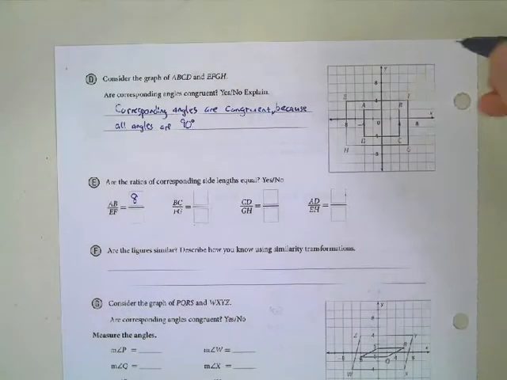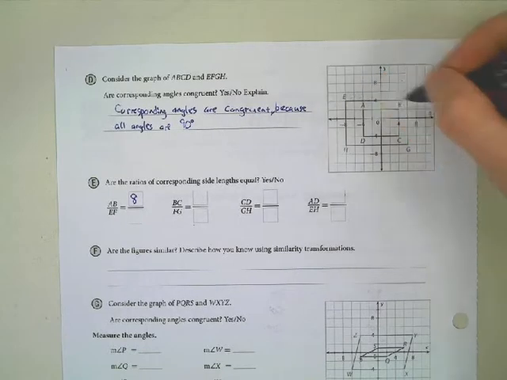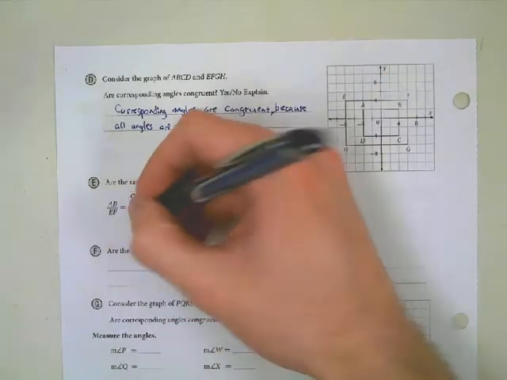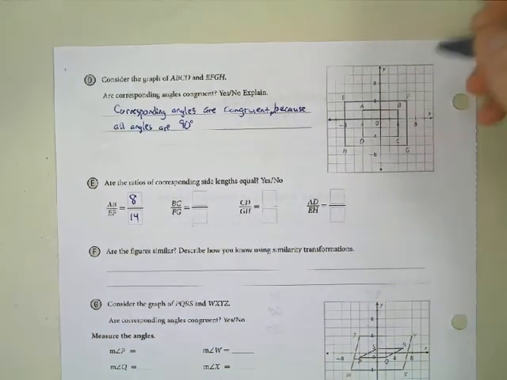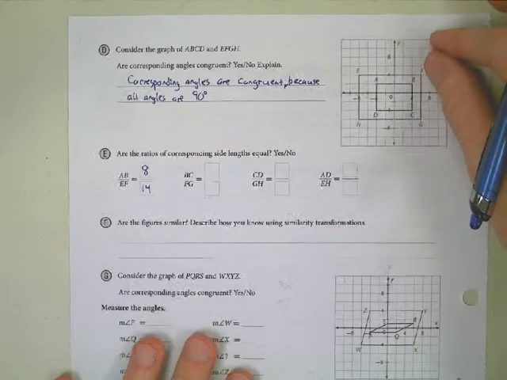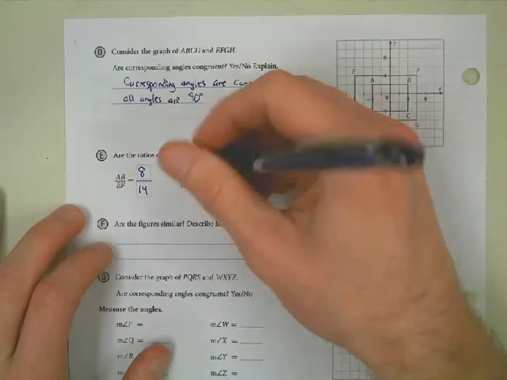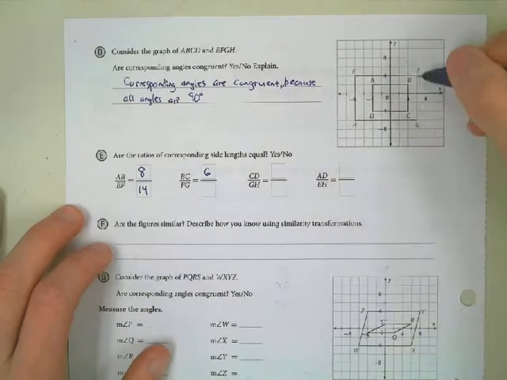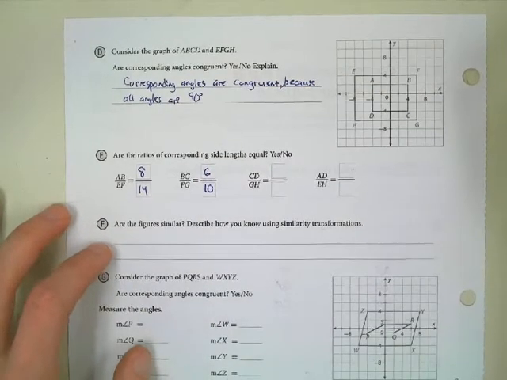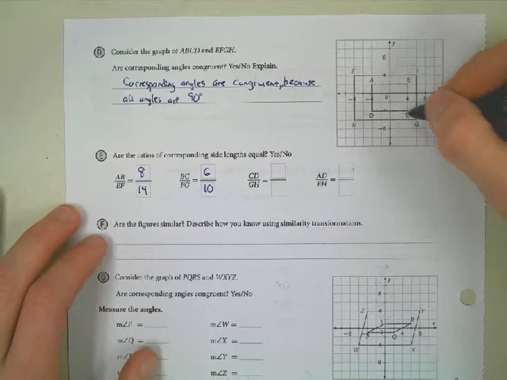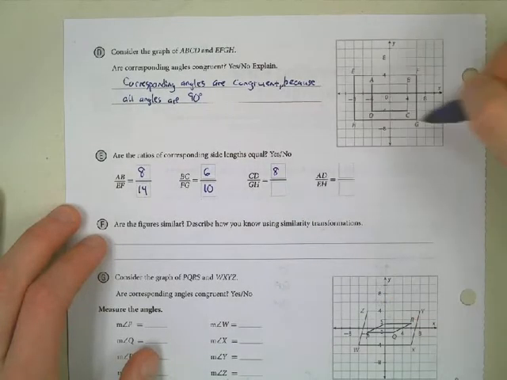Each box is 2, and there's 7 lengths there, so it's 14. BC has a length of 3, so that's a 6. And then FG has a length of 10. And then CD has a length of 8 as well. GH has a length of 14. All right, Derek, cut it out.